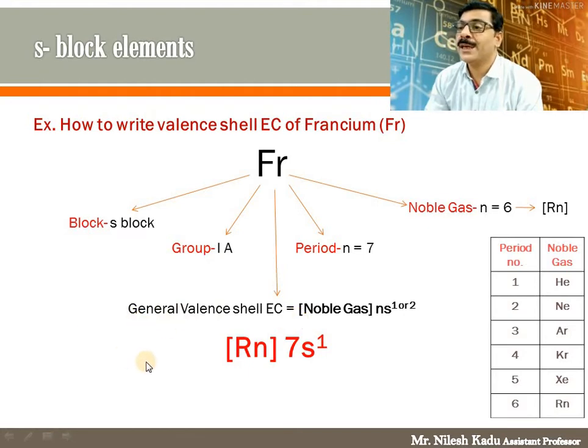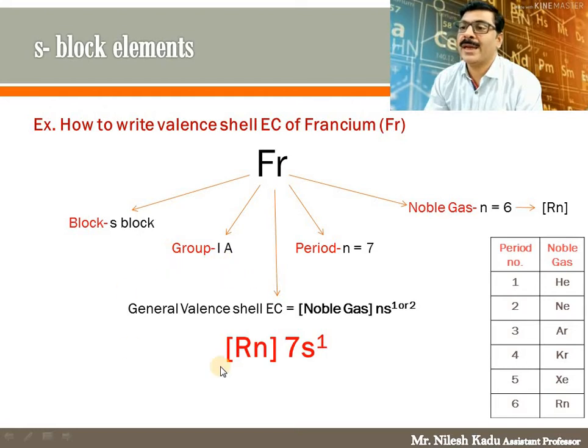First you write the noble gas, and then ns1, where n means the period number. So for francium, the noble gas is radon, so you write it in square brackets, and then ns1, and here the value of n is 7 for francium, so 7s1, and 1 means the first A group element.